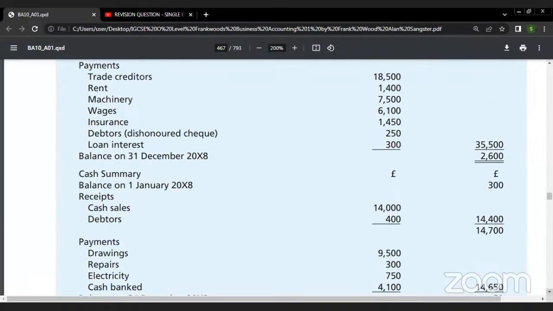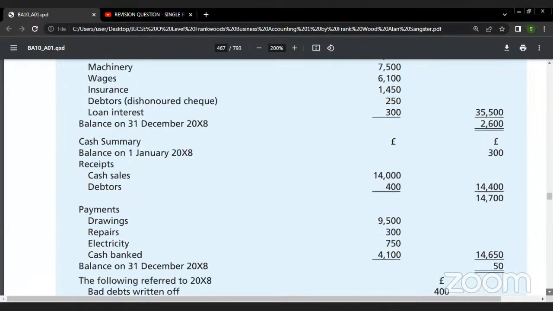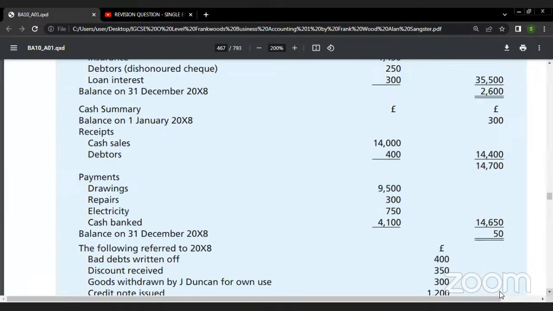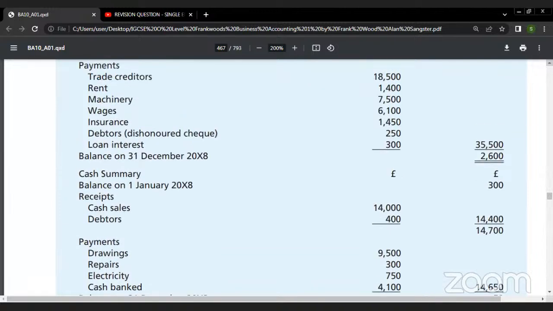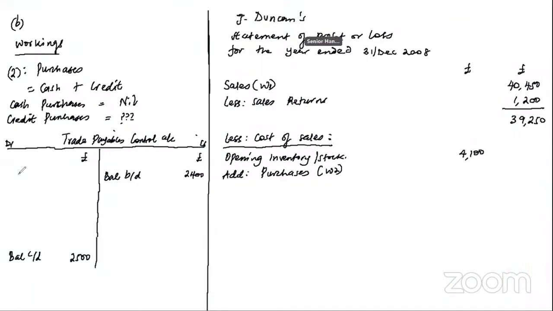We have a discount received of 350. Then we also have payments to the suppliers, our trade creditors, 18,500. So we can enter this on the debit side of our account, and then we balance it off to find out the credit purchases.